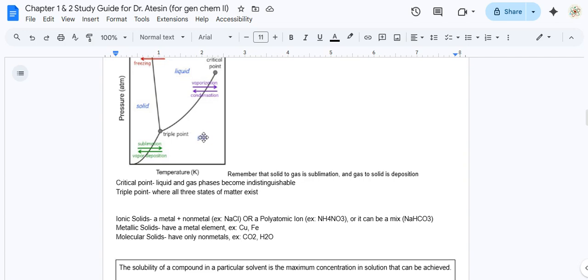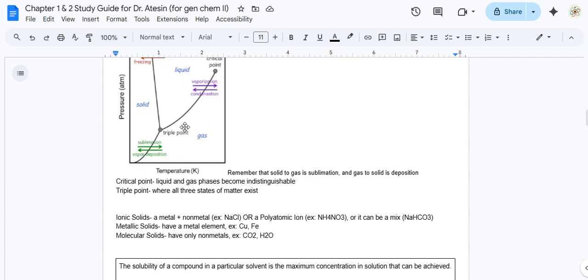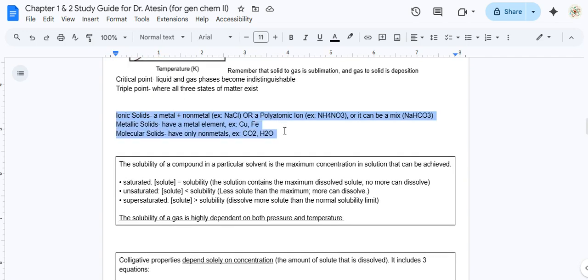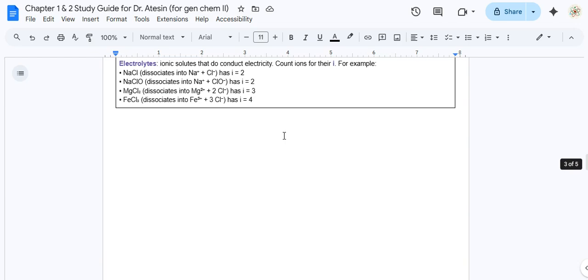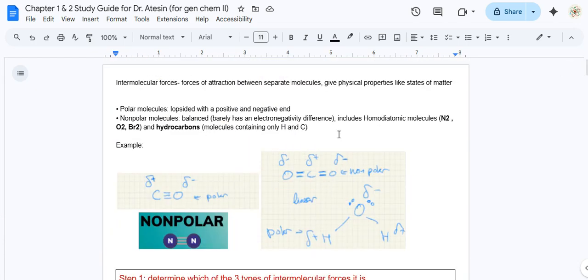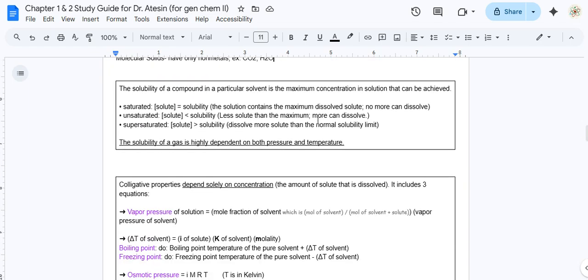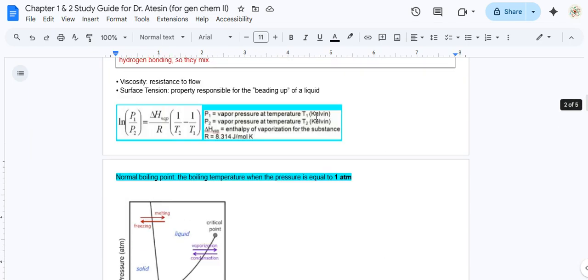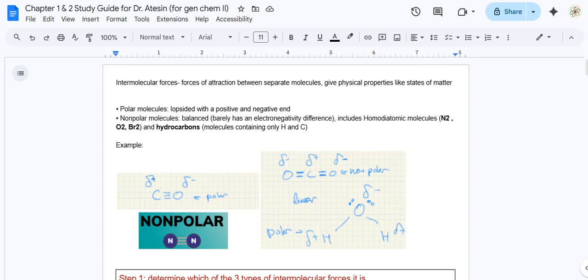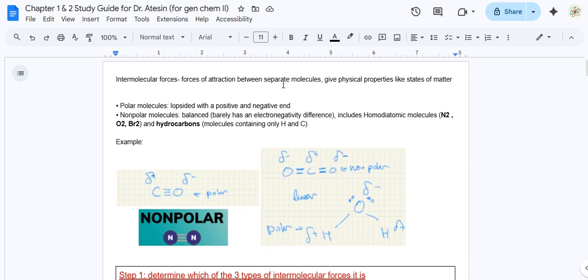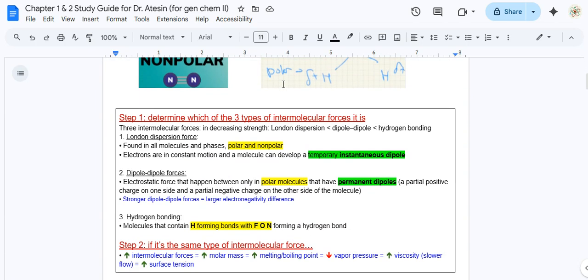This is pretty easy to memorize. This too. So everything outside of these boxes, you should be able to know already. You should be able to memorize them just by understanding it.